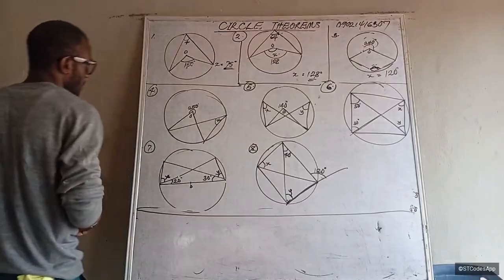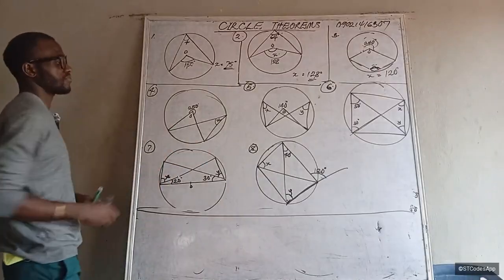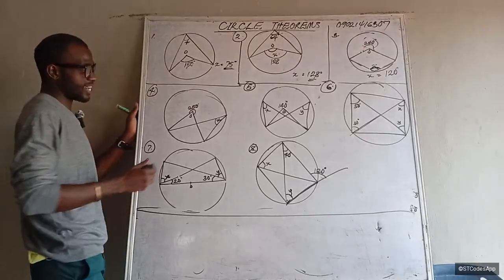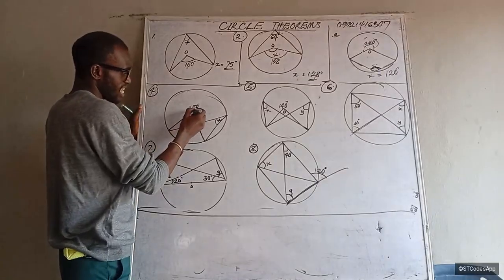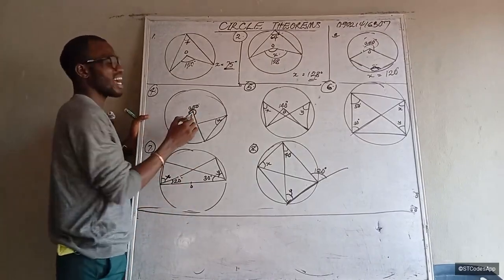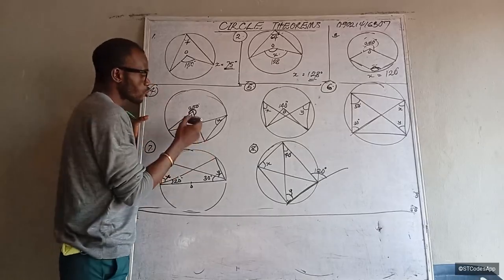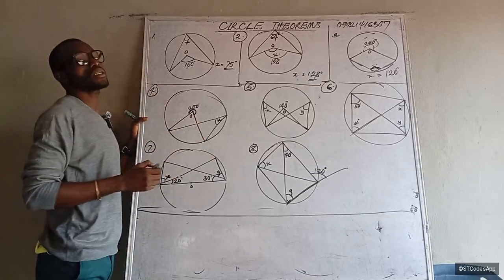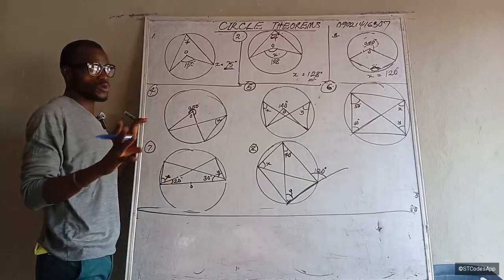Now let's do this one together. The angle at the center is angle at a point, right? So sum of angles at a point is 360 degrees. Why do we need it?